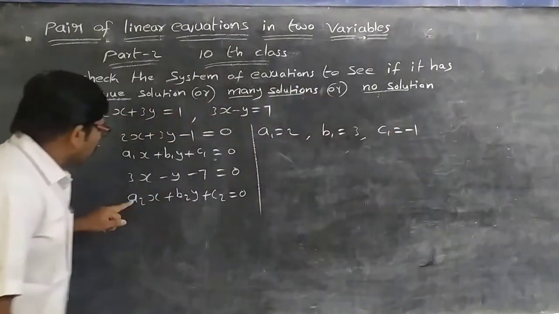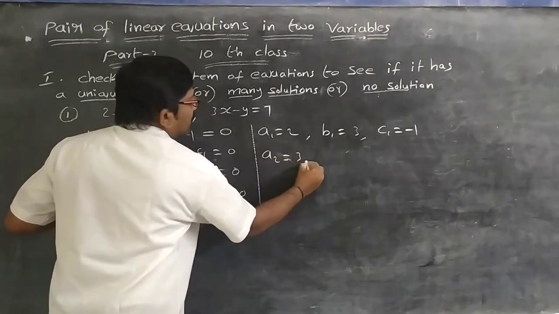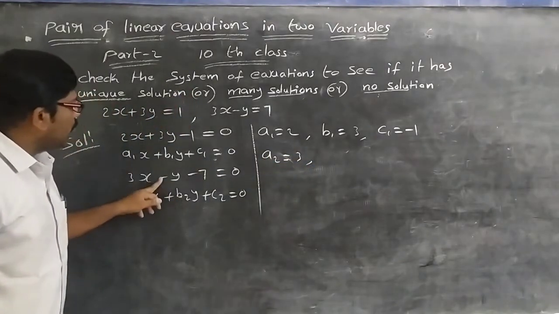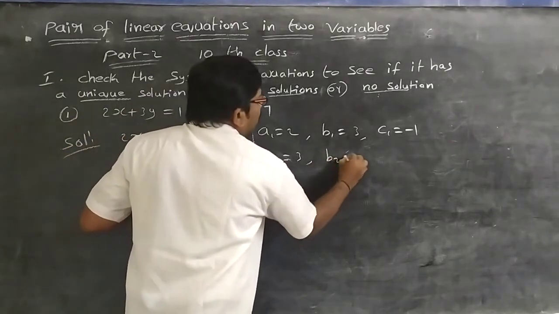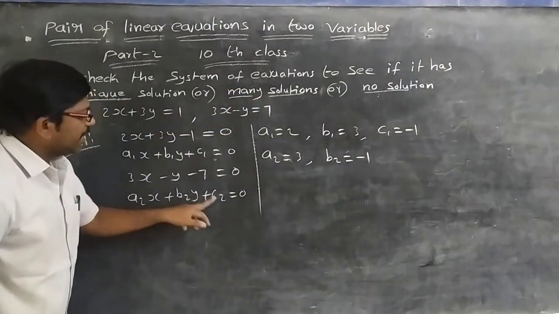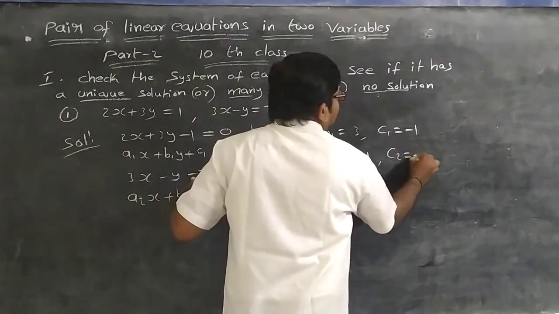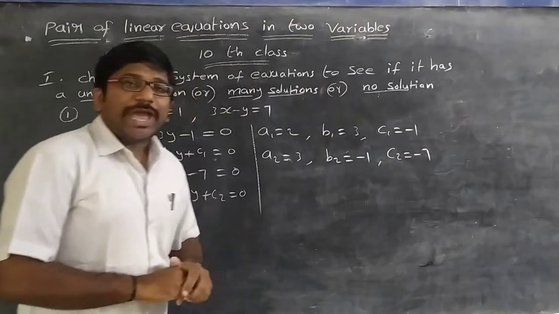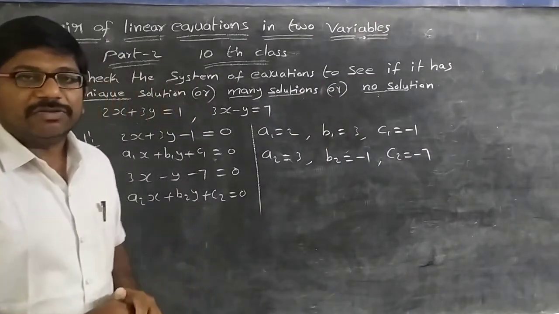Next, A2 is equal to 3, B2 is equal to minus 1, and C2 is equal to minus 7. First, we have to write the A1, B1, C1 and A2, B2, C2 values.